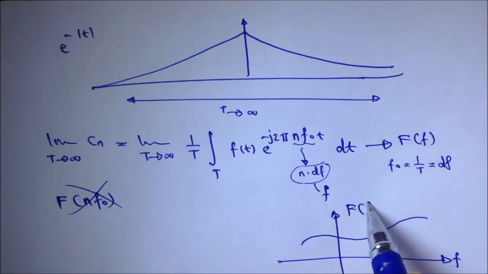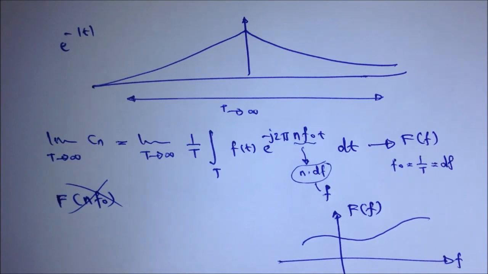So if this is F of f, this is going to handle the density and harmonic index issues that I raised earlier. So no more harmonic index functions. You don't need to substitute the harmonic index to get the magnitude of the n f0 frequency component.